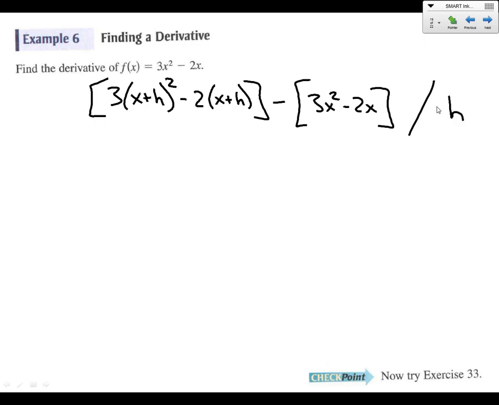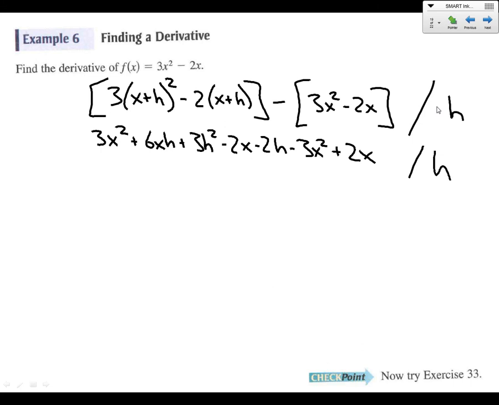And so we've got 3x squared plus 6xh plus 3h squared minus 2x minus 2h minus 3x squared plus 2x all over h. Let's do some canceling. Minus 2x and plus 2x. Minus 3x squared and plus 3x squared. And what do we got left here? Anything left? Nope, nothing else will cancel.